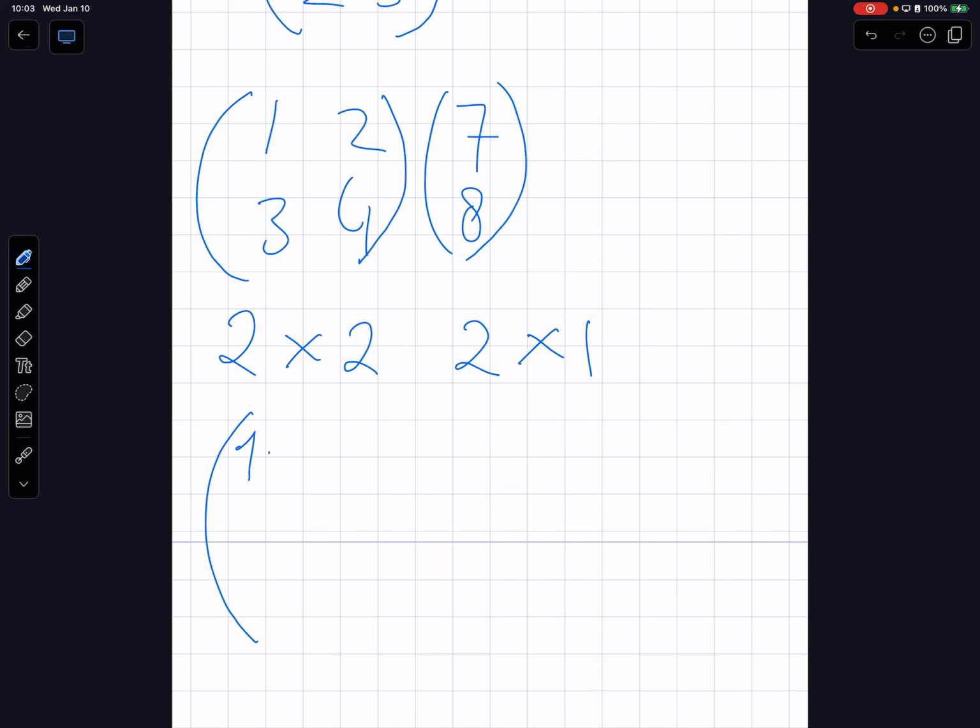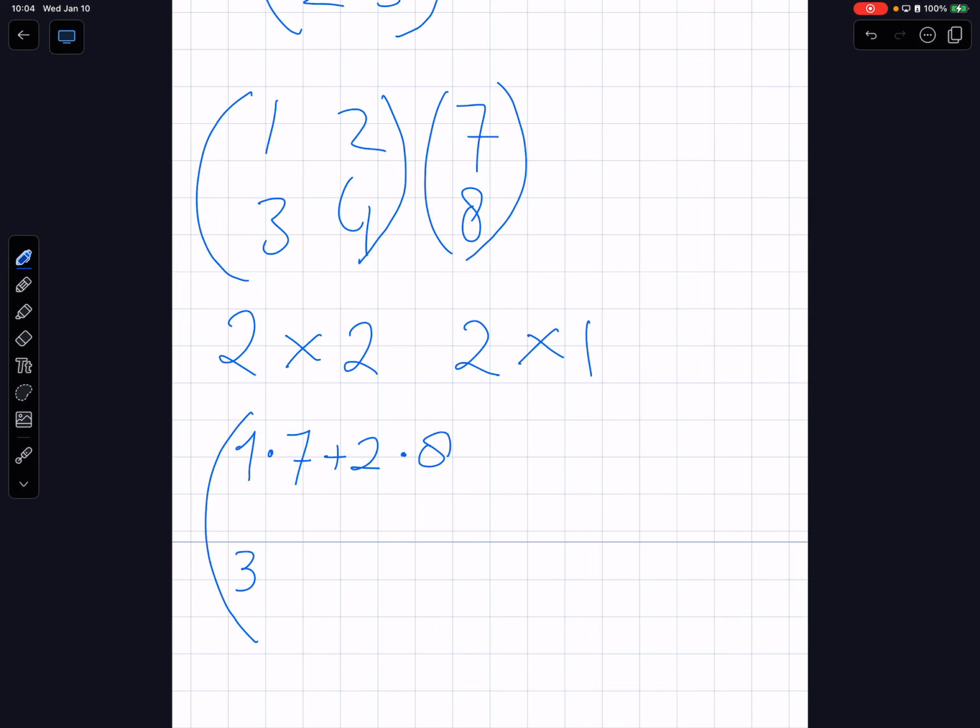So 1 multiplied by 7, and then you add 2 multiplied by 8. Row multiplied by column. 1 multiplied by 7, add 2 multiplied by 8.